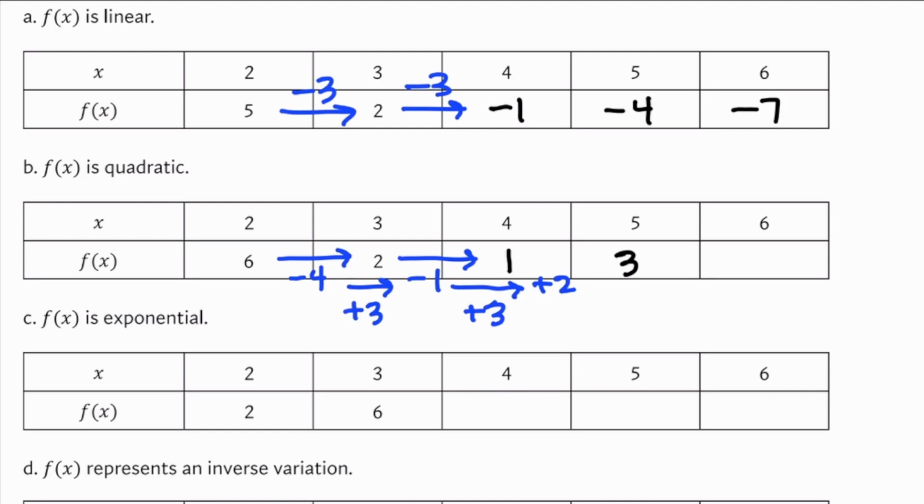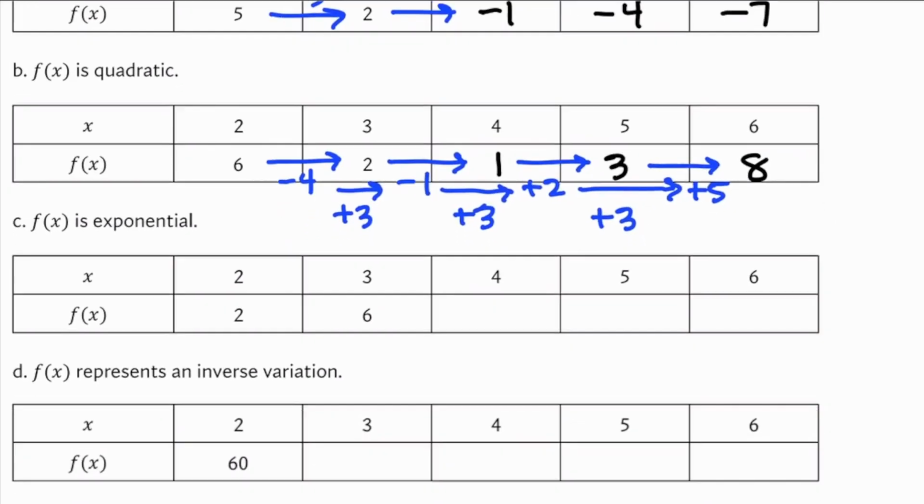Oh, whoops, let's see. Oh yeah, I was confused by my colored arrows. But this next one I'm going to need to again be adding 3, so this will be a plus 5, and to go from f of 5 to f of 6, that'll be going from 3 to 3 plus 5, and that's going to be 8. There are going to be lots of right answers for this one with quadratic.